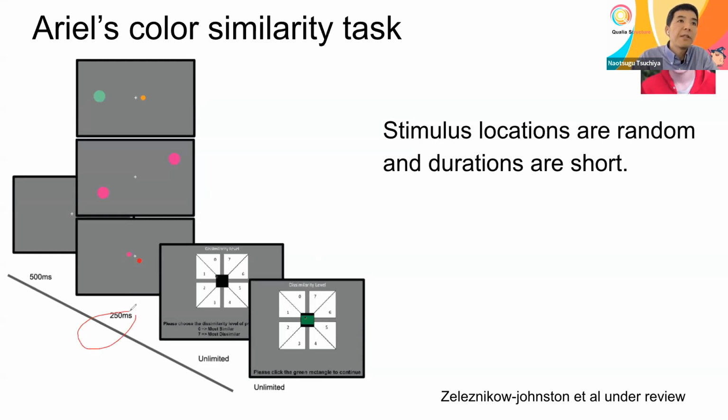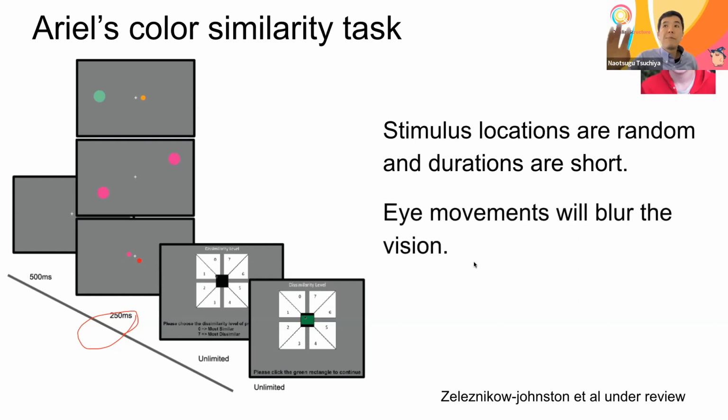So it doesn't even produce any afterimage, unlike red, pink versus green, the kind of thing that you saw as a relax chaser. Also eye movements will not be possible here, because 250 milliseconds is too short for you to know the location of the stimulus and then make an eye movement towards it.